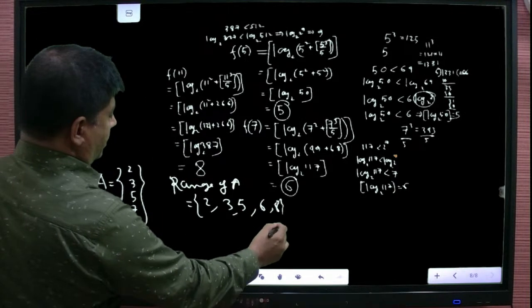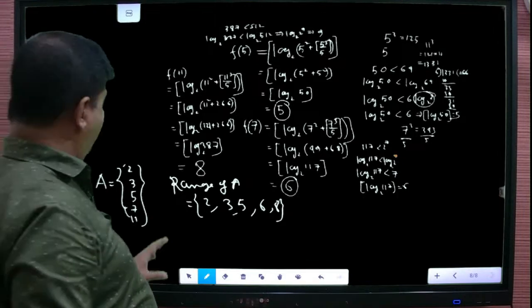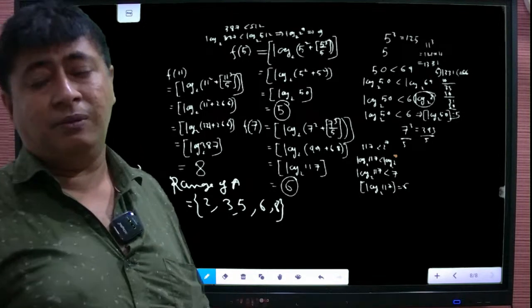So we had 5 elements in the domain and 5 elements in the range.